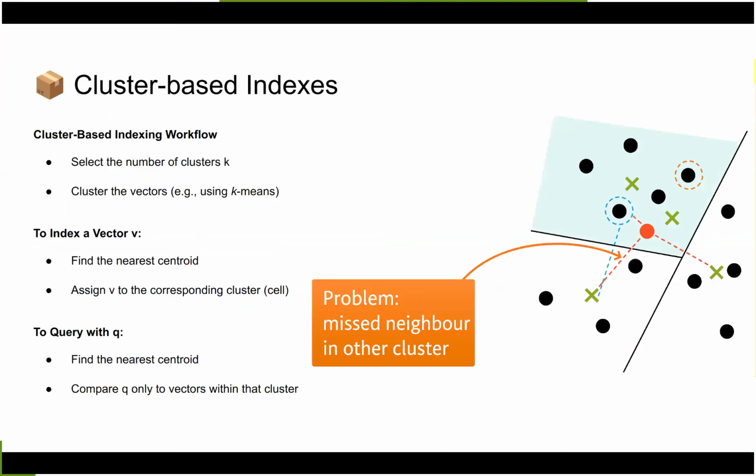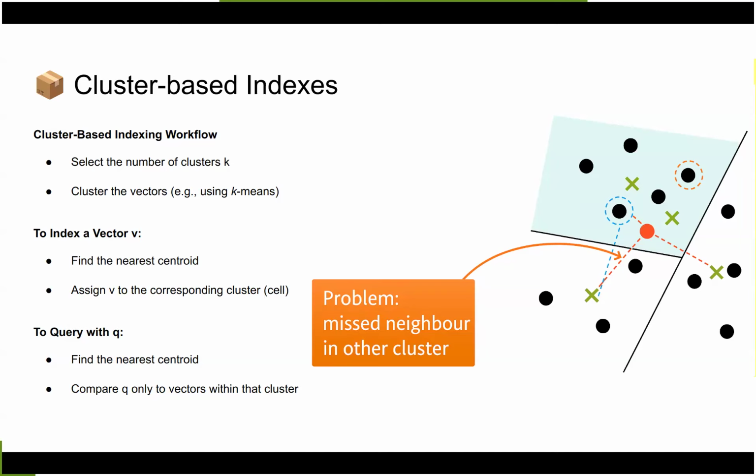So the next one is cluster-based indexes. Again, remember the example I gave you before? It's basically you select the number of clusters you want to create in your search space. So for example, in a two-dimensional world, you can cluster into three different partitions.